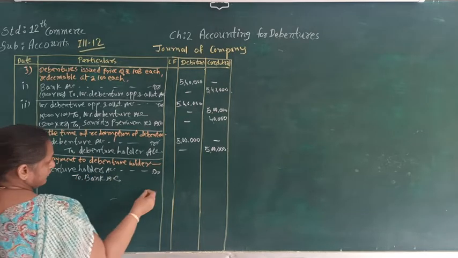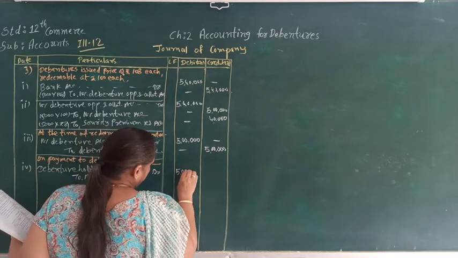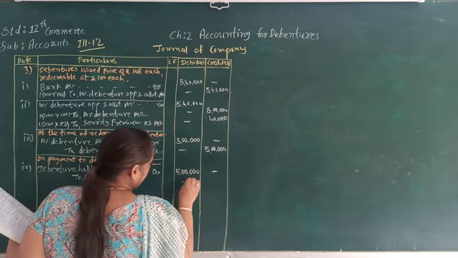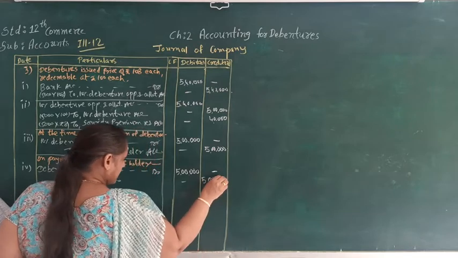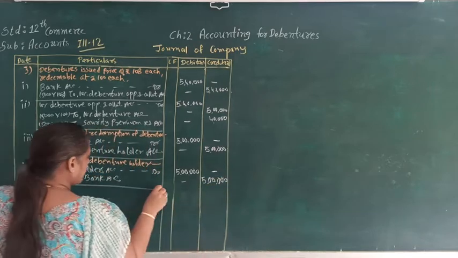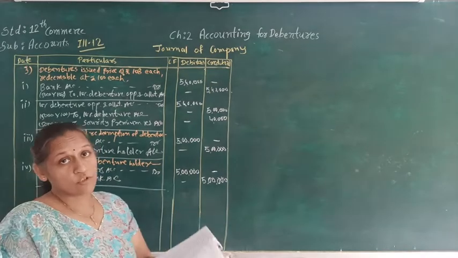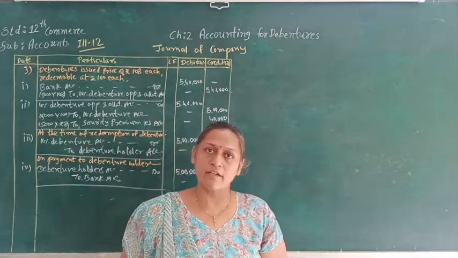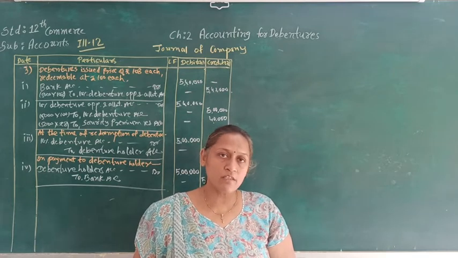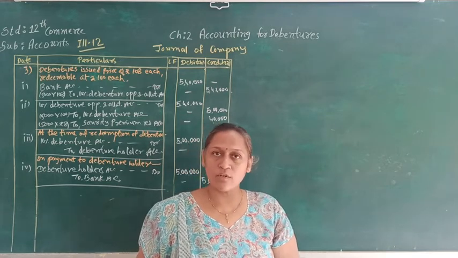This is the fourth journal entry. Here we will pay them 5 lakh. So this journal entry is supposed to be passed at the time of issue at premium and redeemable at par. Students, you may note down this. Thank you for watching this video.